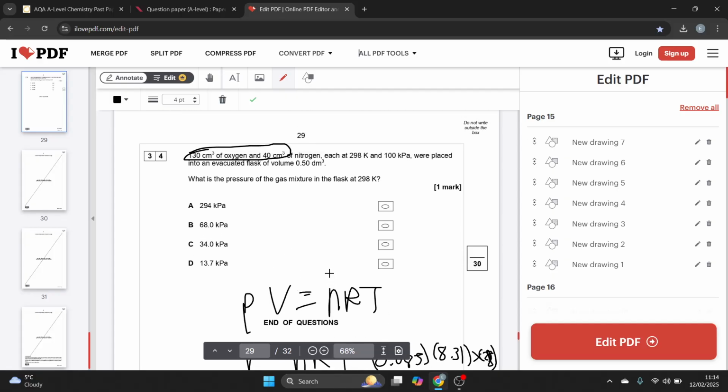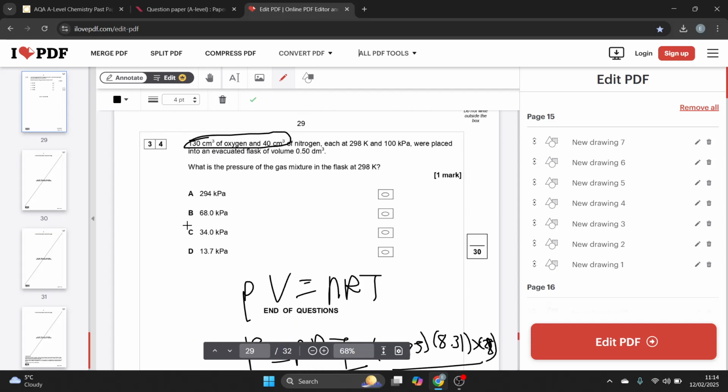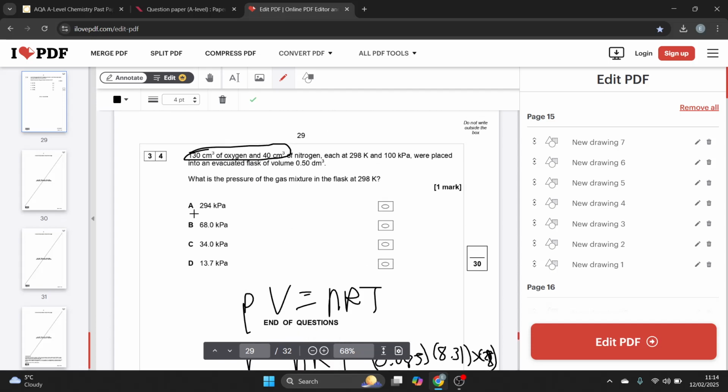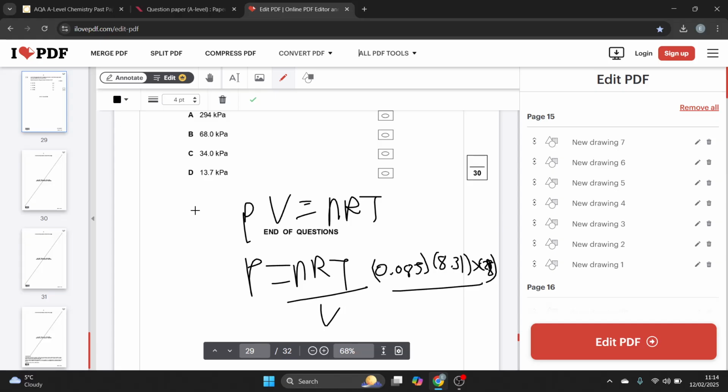Divided by the volume, where the volume is always measured in meters cubed, so I'm going to go from dm cubed to meters cubed. So I need to divide by 1,000.